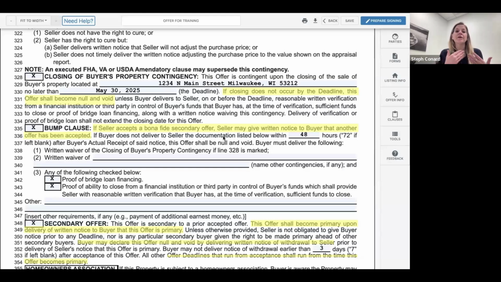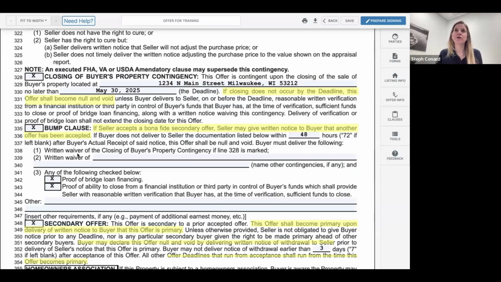So by having this bump clause in now, the seller is going to be able to continue marketing the property. They're going to be able to keep it active within the MLS. They're going to be able to continue showing the property and communicate to other agents out there, yes, we've got an accepted offer, but there is a bump clause.